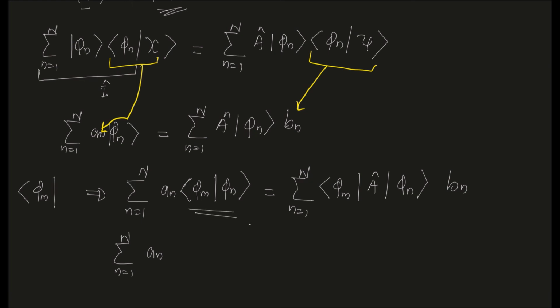Now these are basis vectors, so the orthogonality condition or the orthonormality condition will tell you that this scalar product will be delta mn, the Kronecker delta function, and this is equal to, on right hand side you have n equal to 1 to capital N, and then we put these quantities, this matrix product, by something called the matrix elements A_mn, then you have Bn, where A_mn is given by all these quantities phi m, A, phi n.